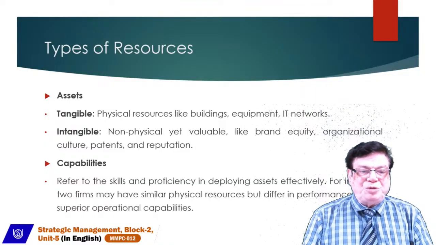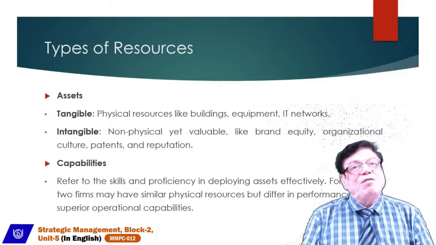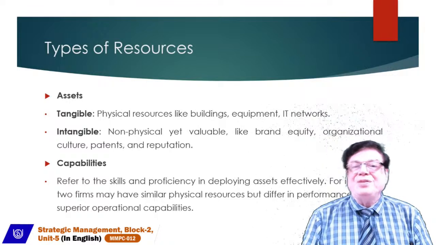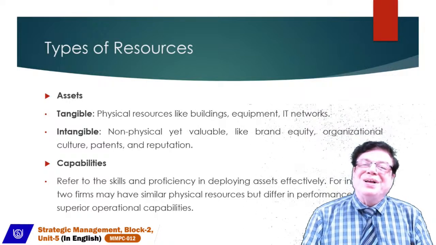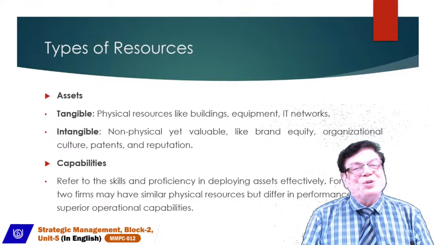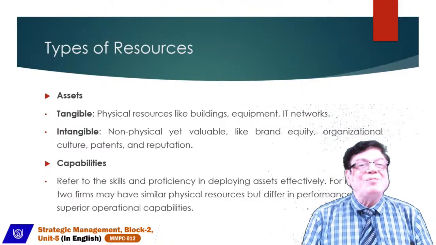For instance, two firms may have similar physical resources but different performance due to superior operational capabilities. In one, the manager is highly experienced; in another, the manager is not much experienced. So the company in which the manager is very experienced naturally will have more sales than the company where the manager is new.